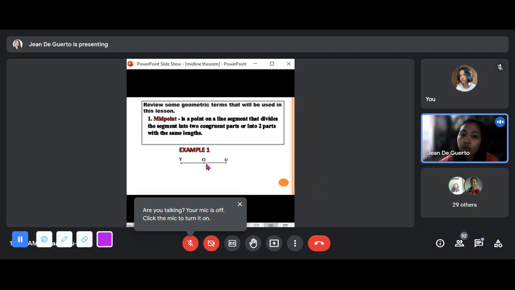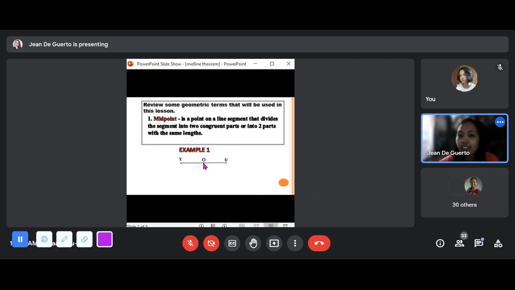So point O is a midpoint if the two formed segments YO and UO are congruent. So given point O as the midpoint of segment YU, then if YO and OU are congruent, that means they have equal measures.